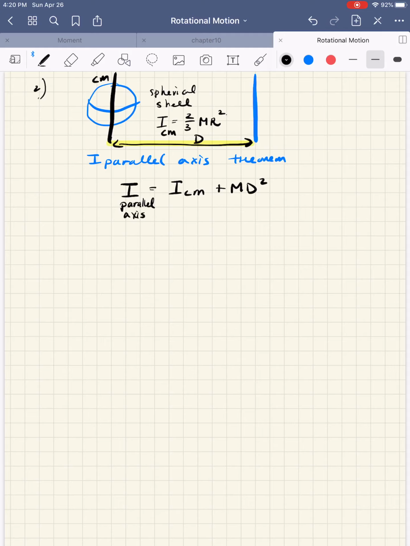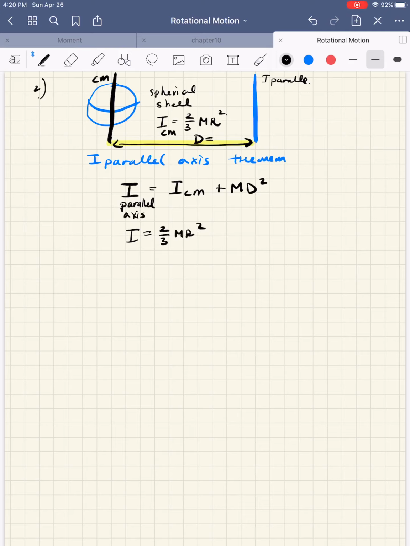The distance separating the axes that are parallel is d. And then I can find the moment of inertia about the parallel axis, which is this one. So this is I parallel, by just saying it's equal to I center of mass plus md squared. So here that would be 2/3 mr squared plus md squared.